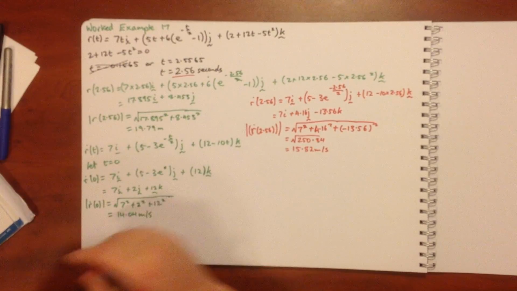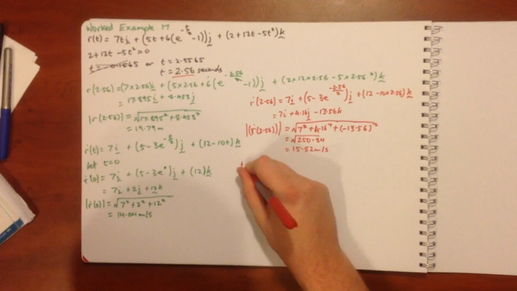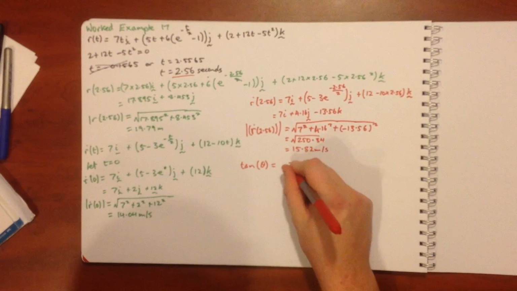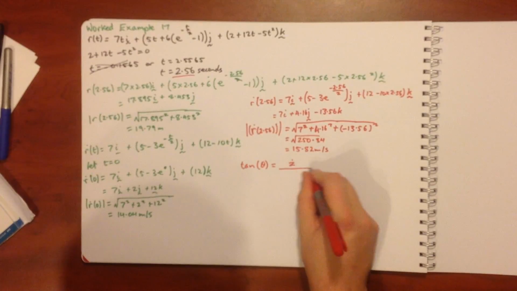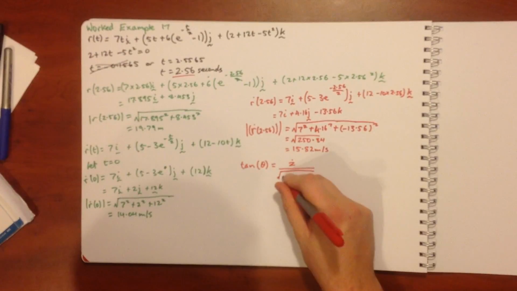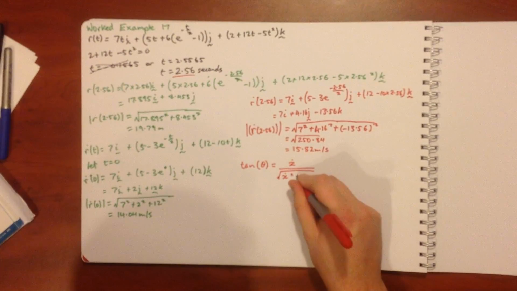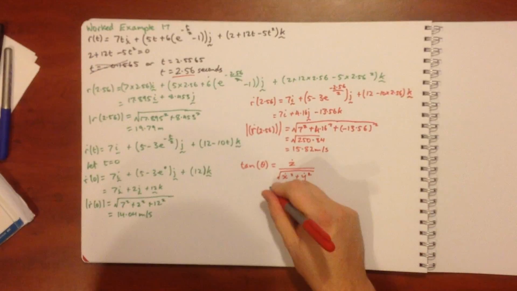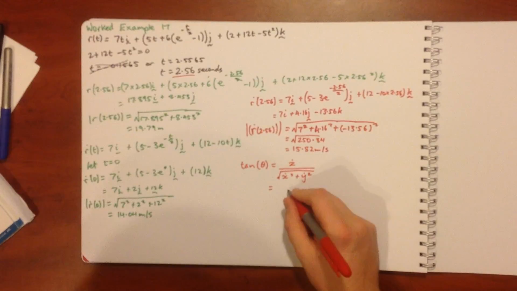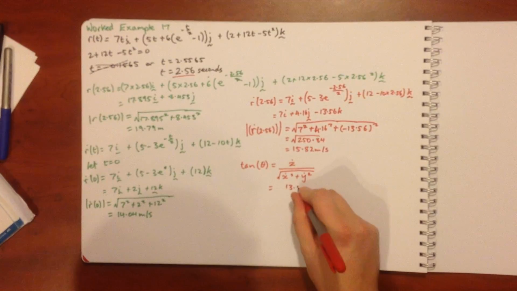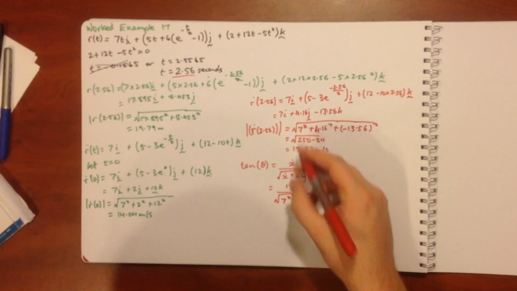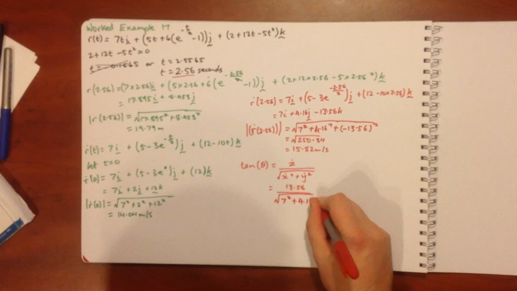So what we can say then is tan of our angle, I'm just using theta, is found by doing the z of our velocity vector over the square root of our x squared plus our y squared, which we know our z is 13.56 over the square root of our x, which was 7 squared, plus our y, which is 4.16 squared.